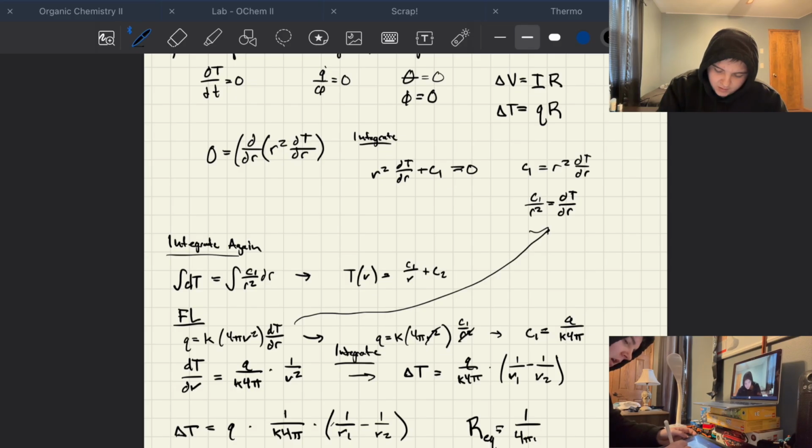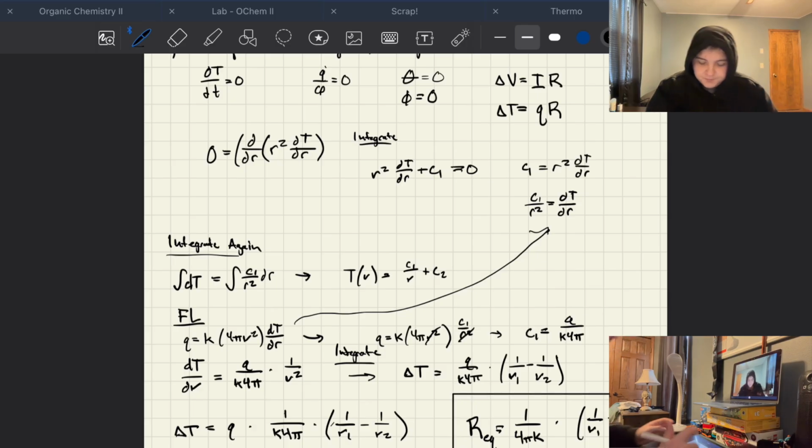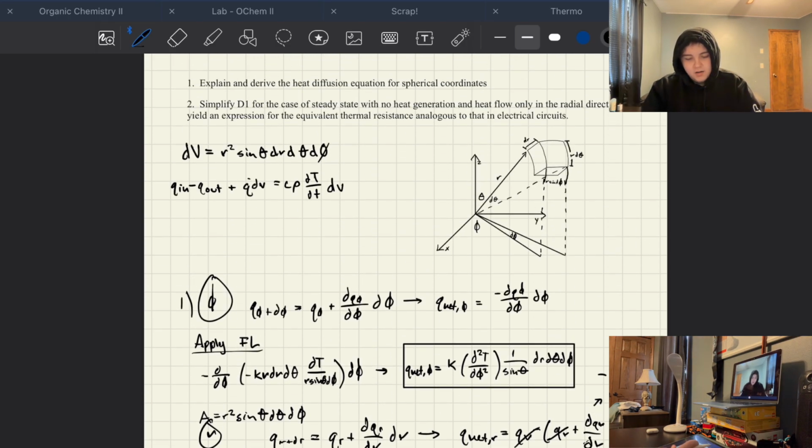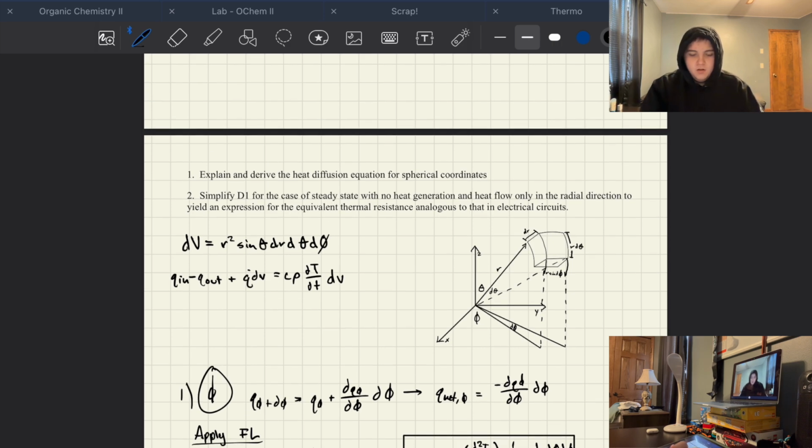And you can put Rk back so it looks better. So that will be our final answer to the question. And that's how we relate our d1 to electrical current and thermal resistance.